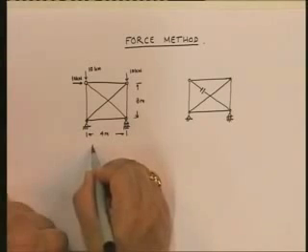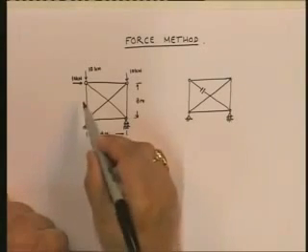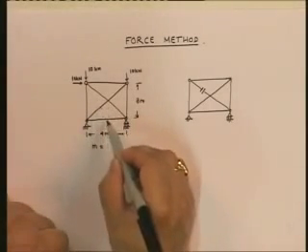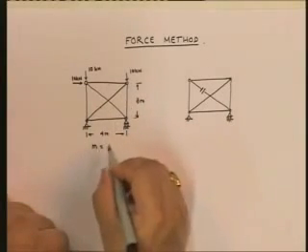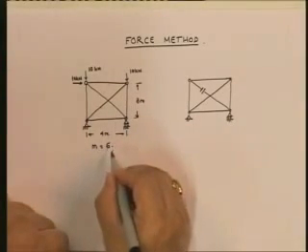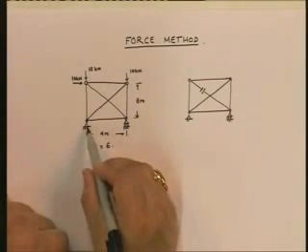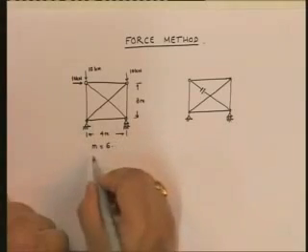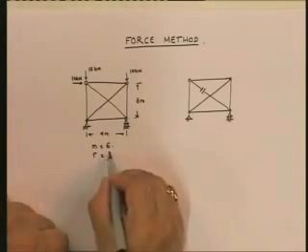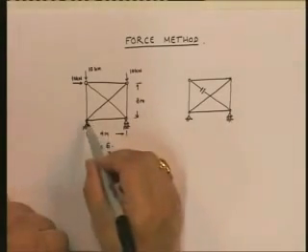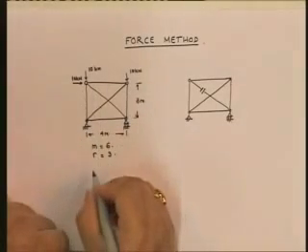Number of members 1, 2, 3, 4, 5, 6. So, 6 members. Number of reactions 1, 2, 3. Number of joints 1, 2, 3, 4.